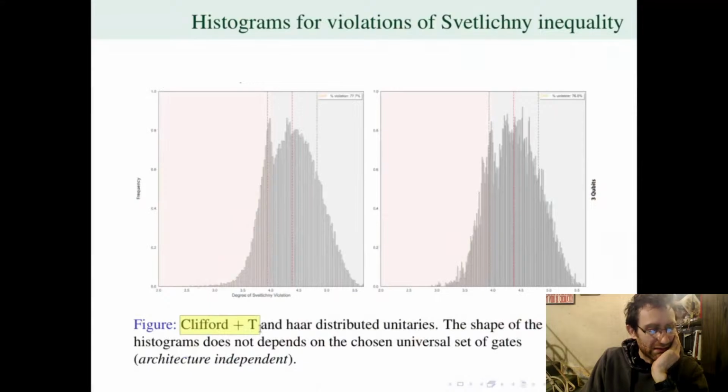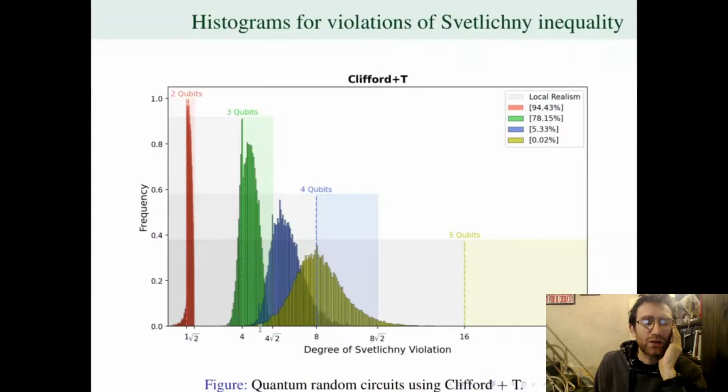So this means that out of this set, you can simulate any possible unitary that you can imagine. And we will compare these histograms with the histograms produced with a non-universal set. So we can do this for 3 qubits, 4 qubits, 5 qubits, and see how the histogram's shape changes as the number of qubits grows.